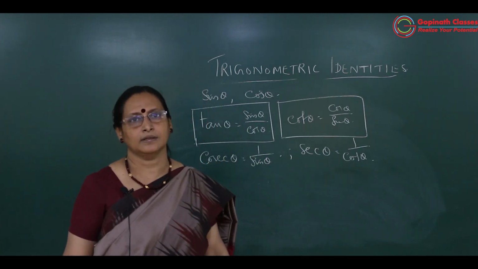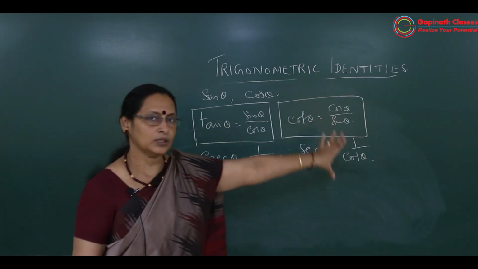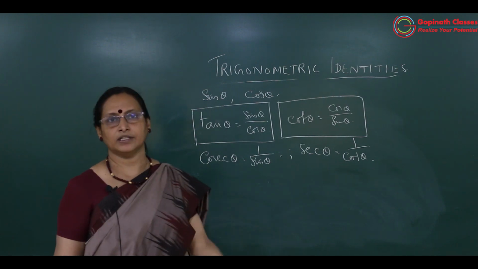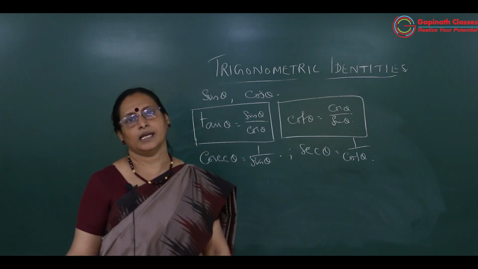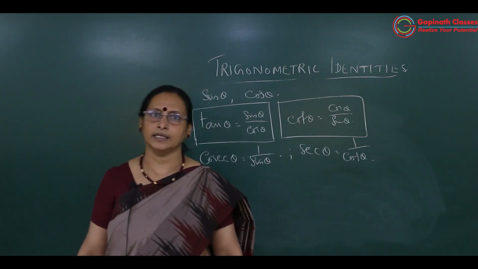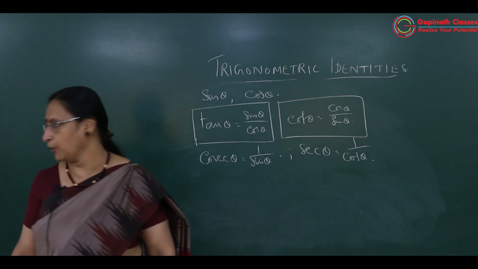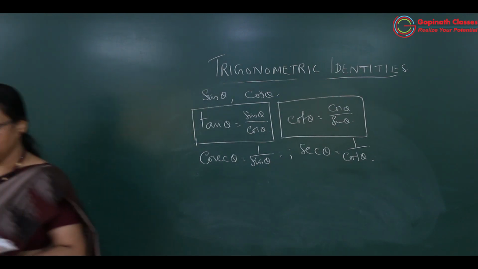So first you have to learn the three identities, and then you have to take down this very clearly. How can we convert everything in terms of sine and cos? Using this, we can easily do the sums related to this in the exercise, that is exercise 8.4. So let us do exercise 8.4.